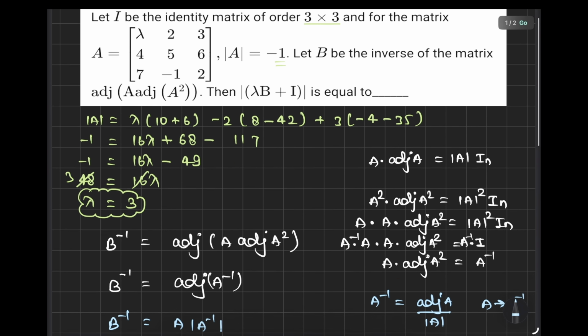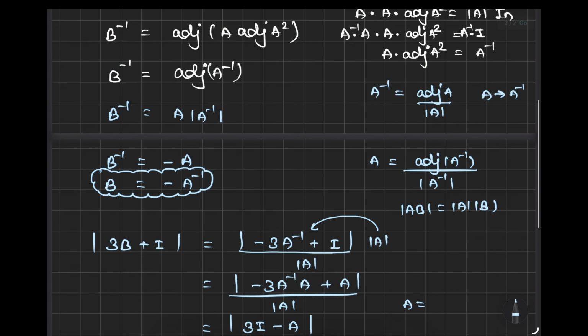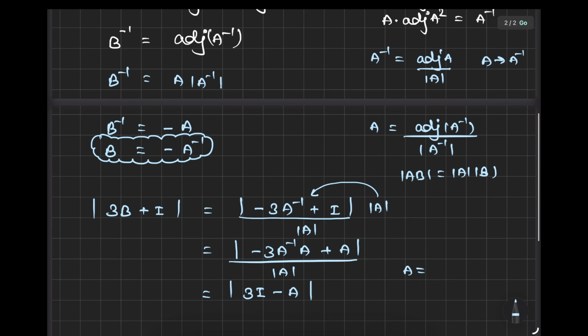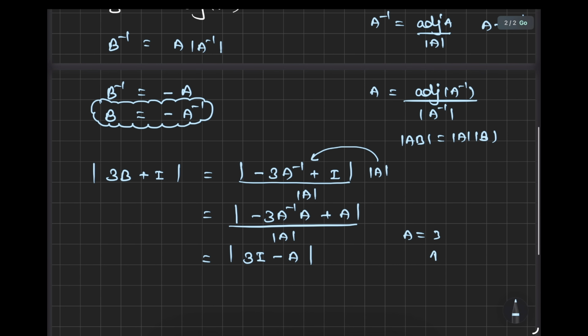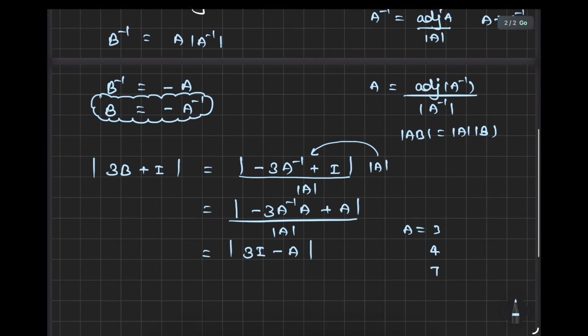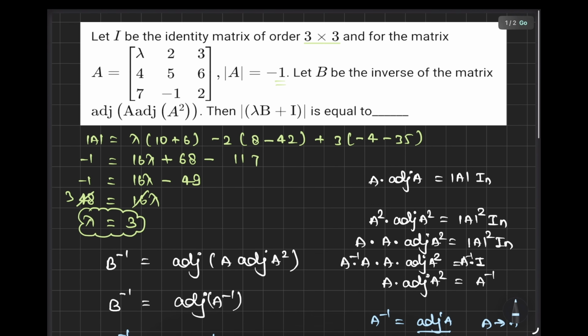So first we will be writing who is A matrix. First we have to copy paste: lambda, 3 4 7, 3 4 7, 2 5 1, 2 5 1, 3 6 2.